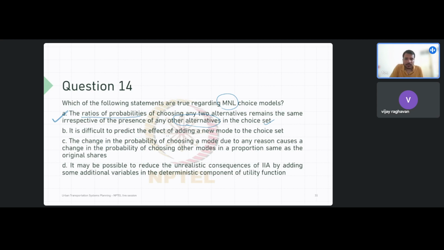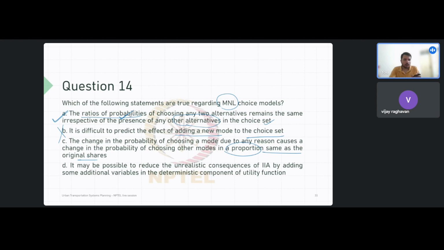It is difficult to predict the effect of adding a new mode to the choice set. No, it's not difficult. So B we can remove. Then we have C: change in probability of choosing a mode due to any reason causes a change in probability of choosing other modes in a proportion same as the original. So what we saw here was the ratio of the probability will remain the same. So even if we add a new mode, it remains the same.